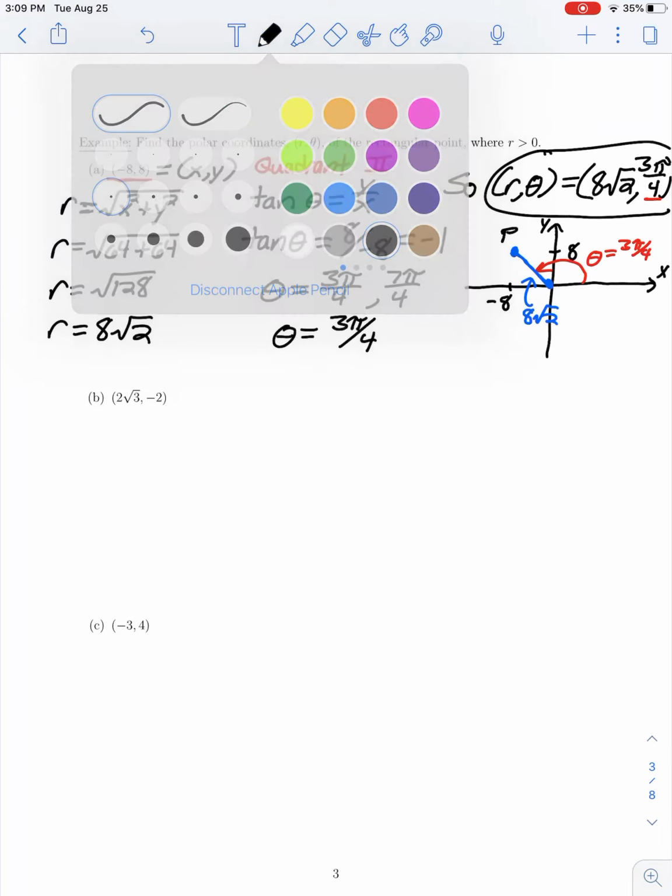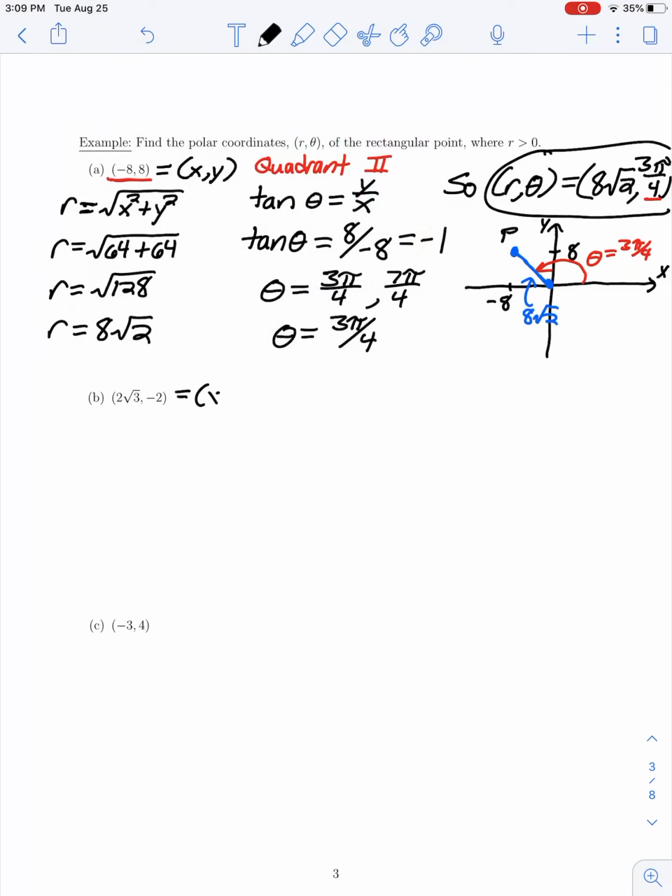In part B, we have the rectangular coordinates x, y are 2 root 3, -2. To find r, we take the square root of the sum of x squared and y squared. So here r is the square root of, x was 2 root 3, so squaring it, we would have 4 times 3, or 12, plus -2 squared, which is +4.